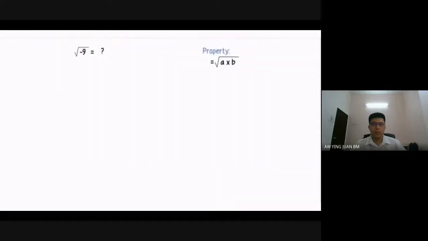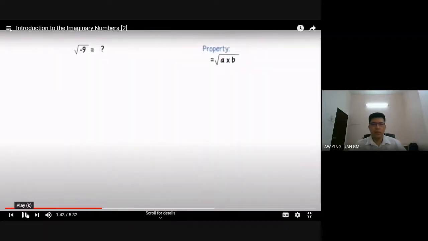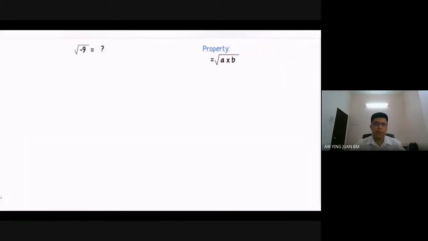How do we understand the square root of negative 9? Remember the properties of surds: the square root of P times Q can be split. The square root of negative 9 can be written as the square root of 9 multiplied with negative 1.